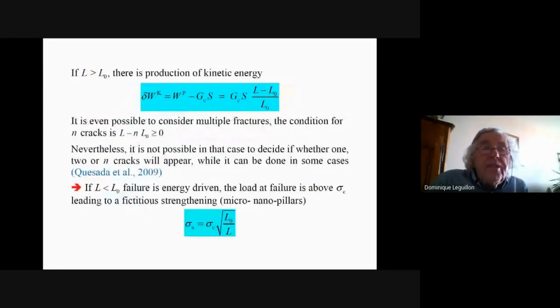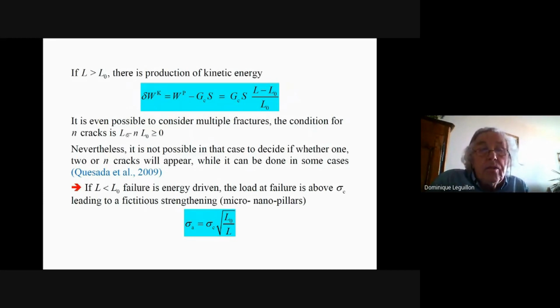If the bar is larger than the transition length, then we can calculate the extra energy. We suppose that it is kinetic energy in this case, and it is the change in potential energy minus the energy consumed to create a crack. You get this relationship, and even with this we can consider multiple simultaneous fractures.